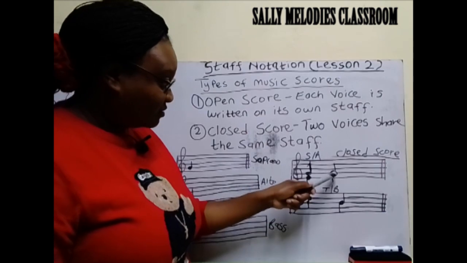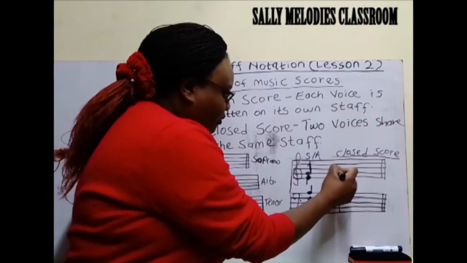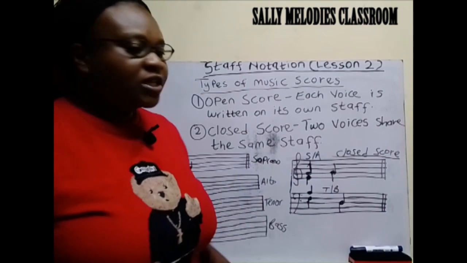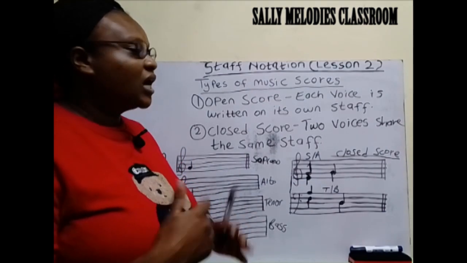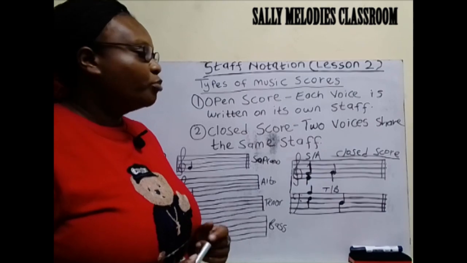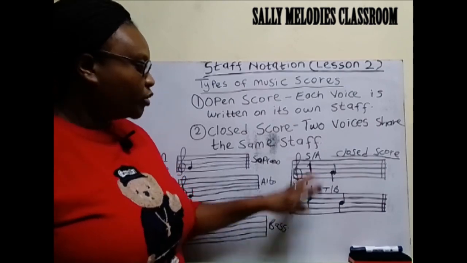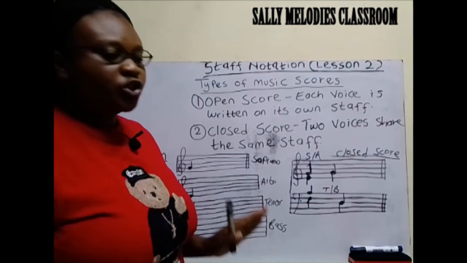Even when they are sharing, this one the stem will go down, and this one the stem will go up. We are going to look at all these things when we start doing our melody writing, composing, and all those other things. But before we go there, it is always good to know those steps of notation.